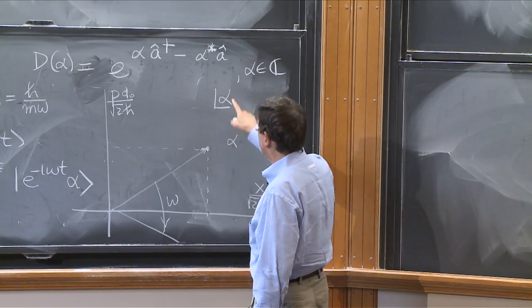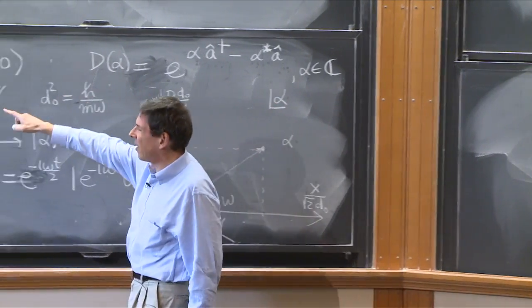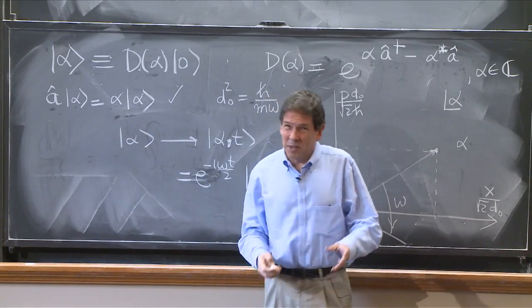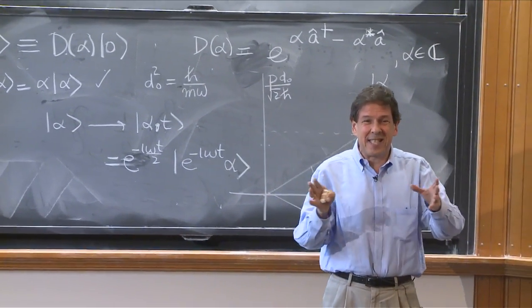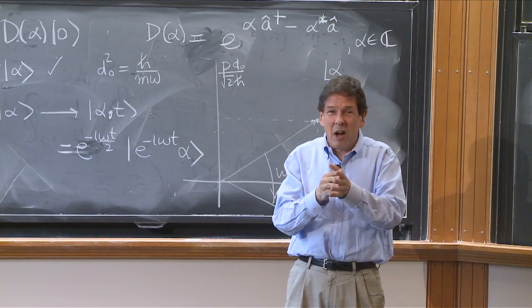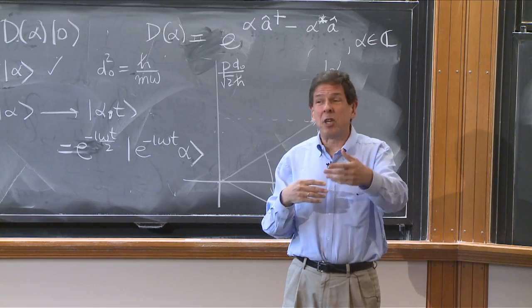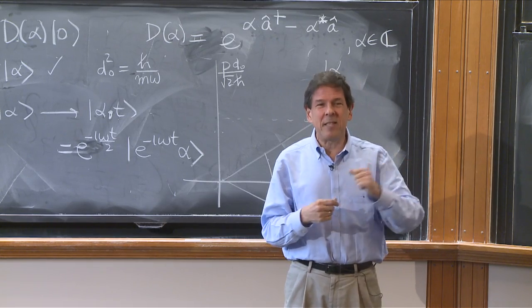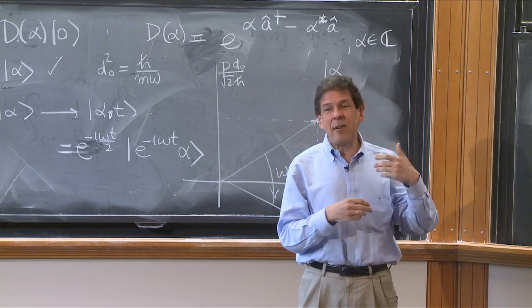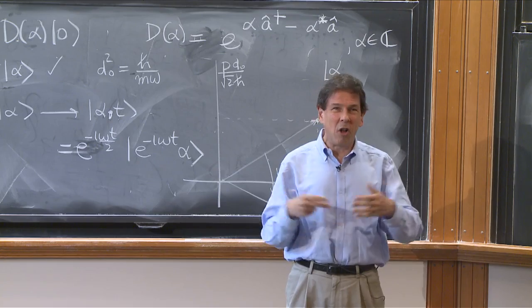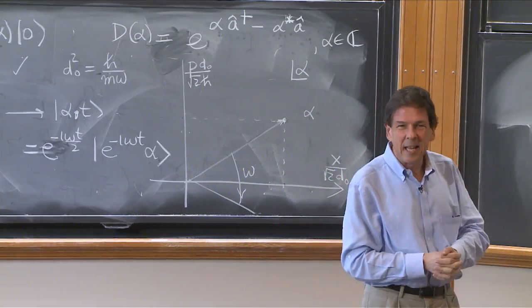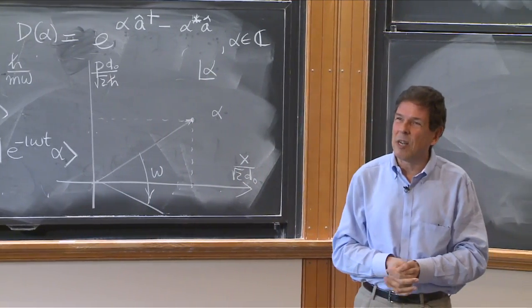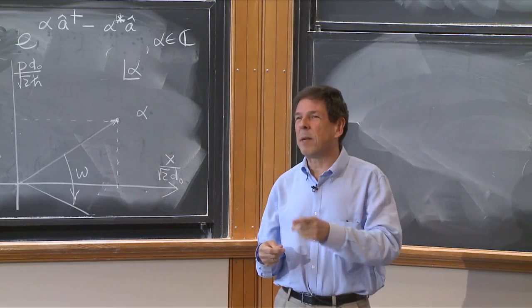Alpha is a well-defined complex number, but this is a coherent state. So it's not a position eigenstate, not a momentum eigenstate, and not an energy eigenstate. It has all kinds of uncertainties: in position, in momentum, and in energy.